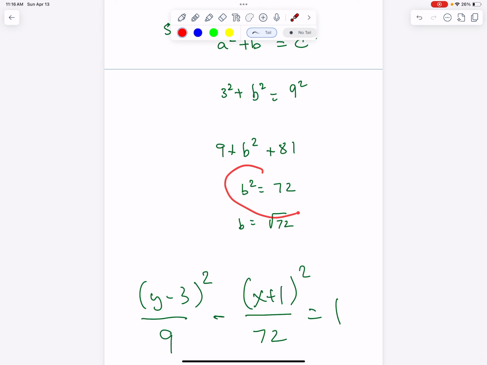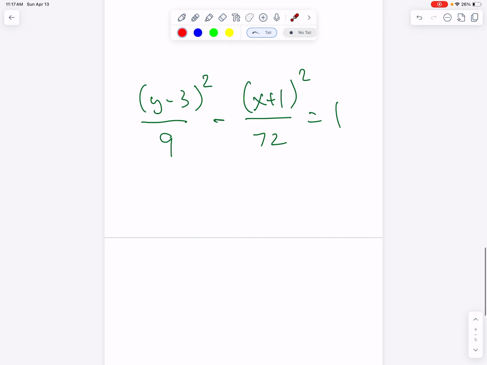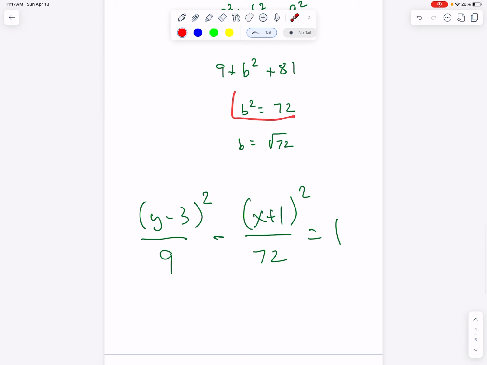Really what we care about is b^2, which is 72. By the way, when I first did this, my instinct was to factor the square root of 72 out, which would have been square root of 36 times square root of 2, giving me 6 root 2. There's no need to do that here because we're really looking for b^2. Substitute that value in, and you are good.